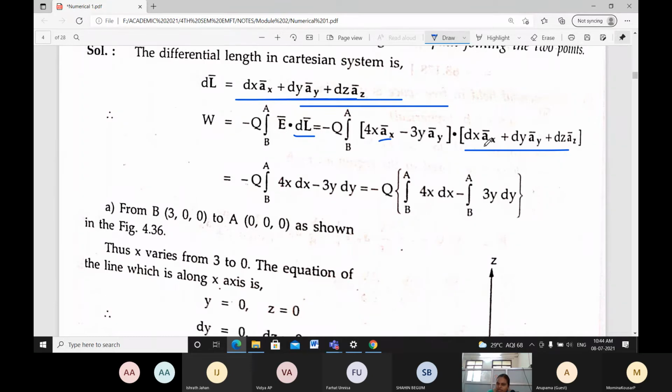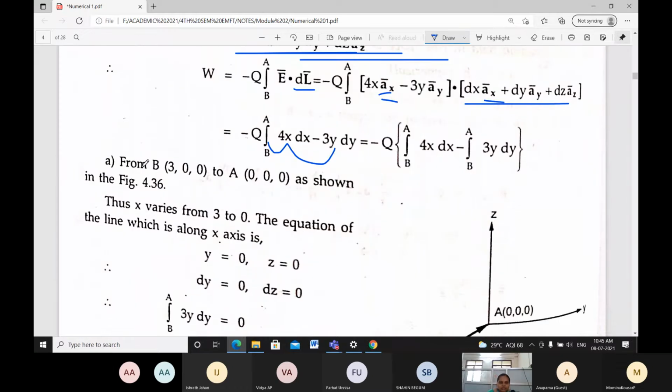Ax dot ax is 1. I am repeating this: ax with a different element, if I multiply by ay or az, it's going to be 0. Then that's going to be equal to minus q, where we apply the integration for both functions here. Therefore, b to a 4x into dx minus integration b to a 3y into dy.